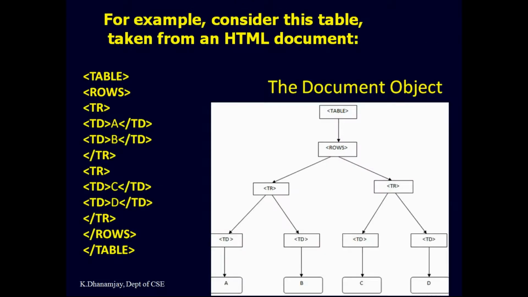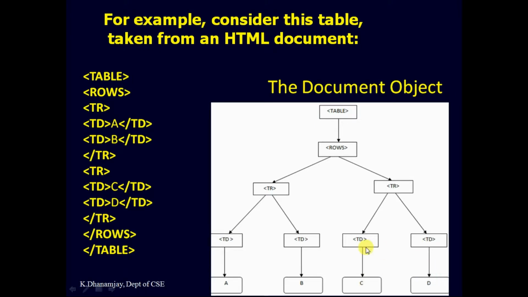Okay, for example, consider this table taken from an HTML document. Here you first have a document object, which the DOM object will have. It's a tree based structure. We have to remember that a table can have rows, that is we specify tr and tr again, which have td, two tds, a and b, and then another row which has two tds again, c and d.